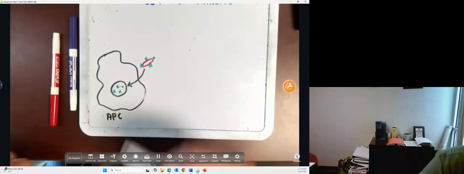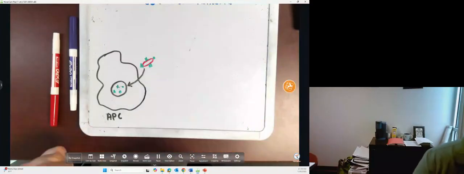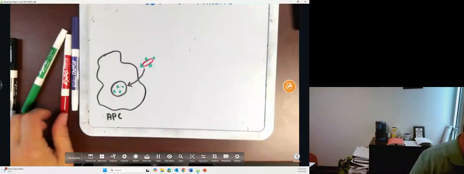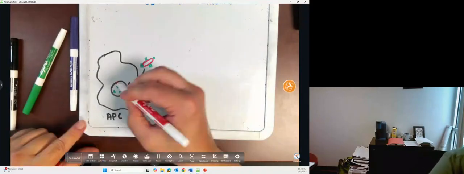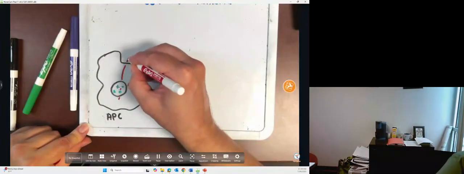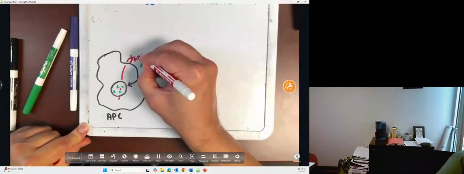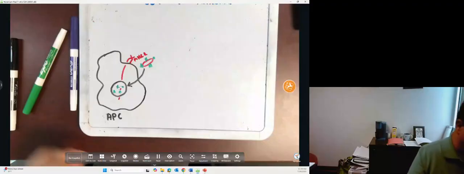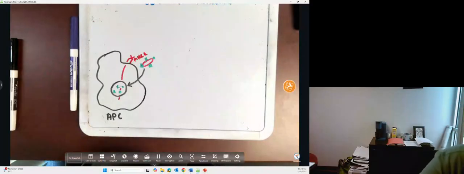Then I'm going to give you an analogy for this. Now, we're going to take one of these antigens. I want to grab square antigen. We produce this thing called an MHC2, but we grab square antigen.